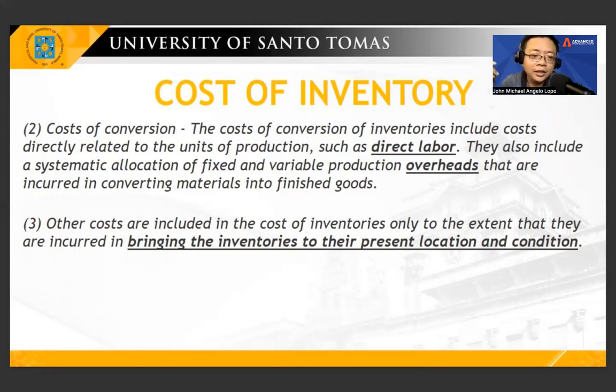Direct labor is the labor used in making the product. The overhead includes fixed and variable production overhead. All of this, direct labor and overhead, together with direct materials, is called conversion because the materials are converted into the finished product. Number 3, other costs are also included in the cost of inventories.